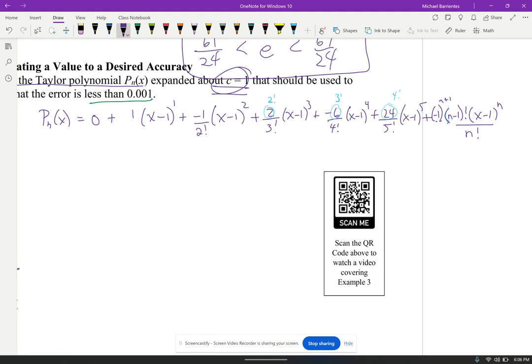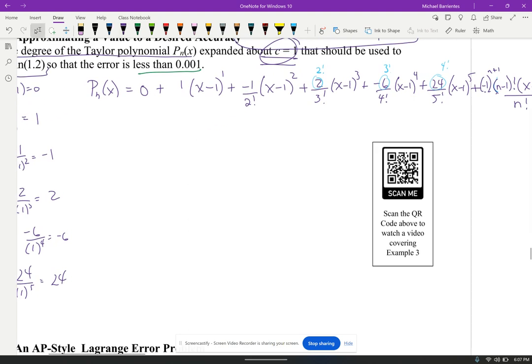But what are we looking for? We're looking to see when my error is less than 0.001. So how do I figure that out? Well, how do we usually figure out the error? So my remainder for the nth term, and I'm going to say this is at 1.2, right? That's the x value where we want the remainder.